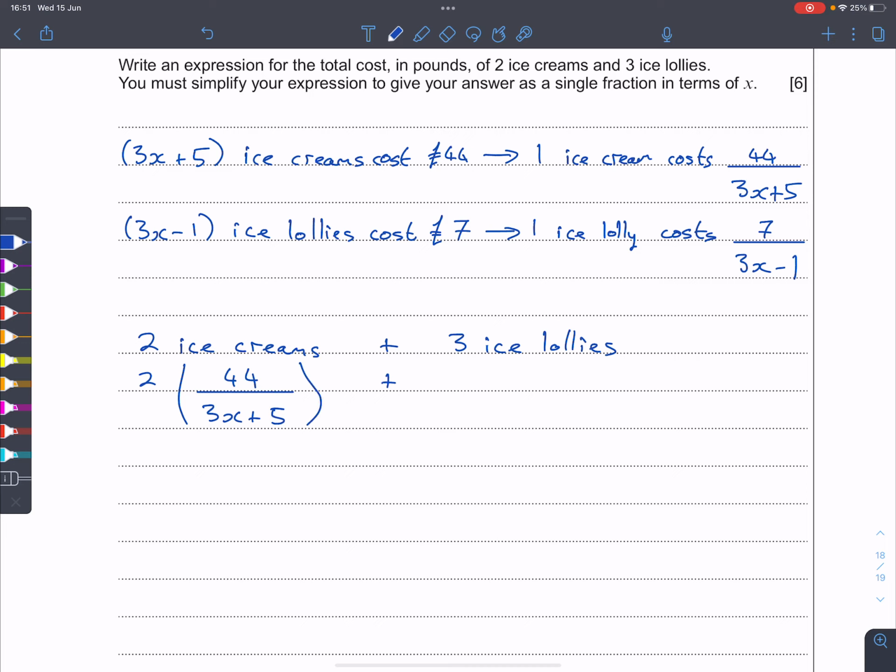And then we're going to add 3 lollies. So 3 lots of 7 over 3x minus 1. Okay, let's start simplifying. So we can expand those brackets. That'll give me 88 over the 3x plus 5, plus 3 sevens are 21 over 3x minus 1.